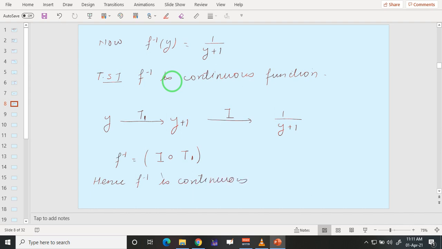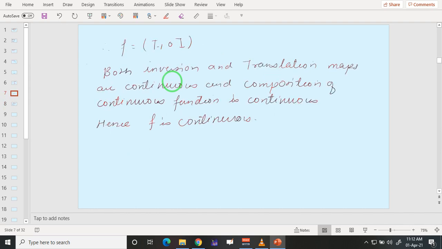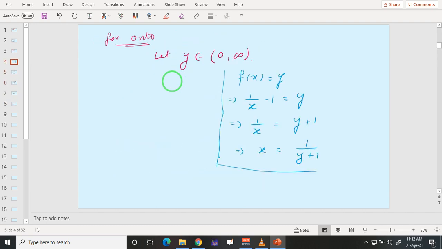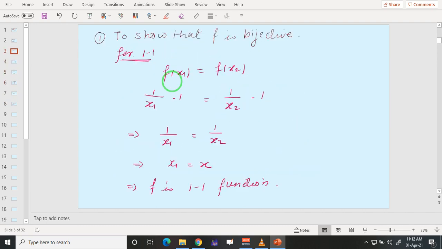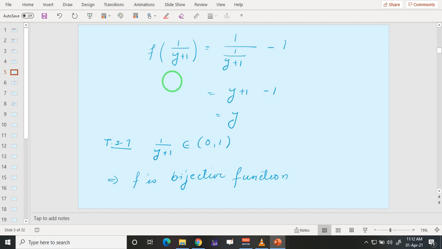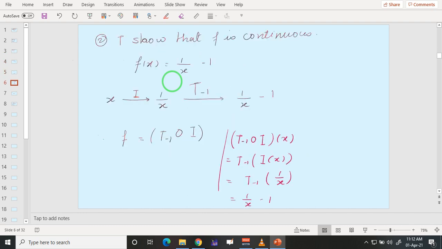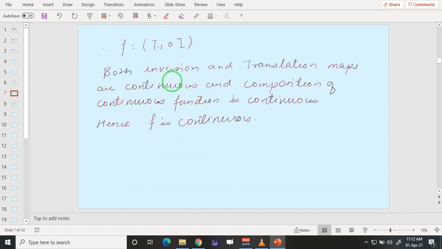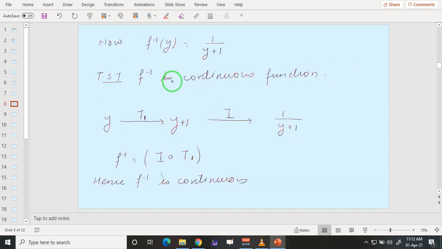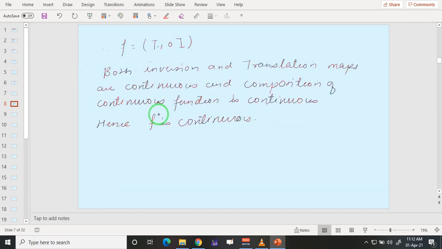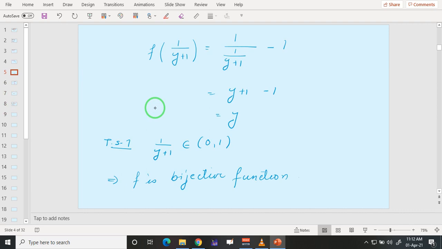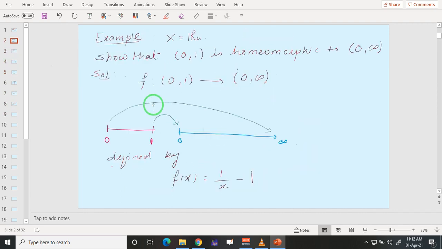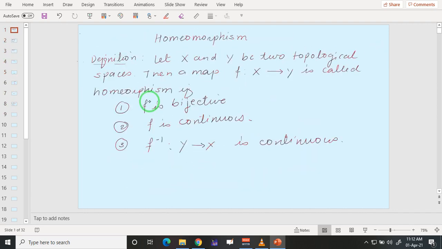So if you notice here, sequentially, we first proved that f is a bijective function. Secondly, we have proved that f is a continuous function. And thirdly, we also proved that f inverse is also a continuous function. These 3 points say that f is bijective, continuous, and f inverse is continuous.